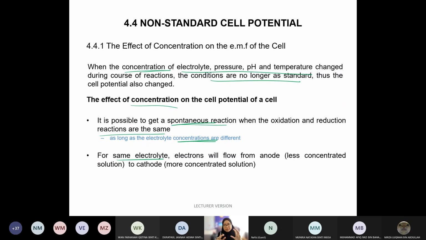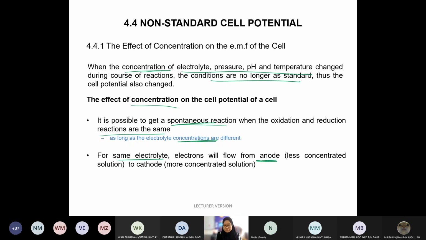So dia punya konsep adalah the electron will flow from the less concentrated to the more concentrated. That means the electrode immersed in the less concentrated solution will become the anode. Okay, this one.